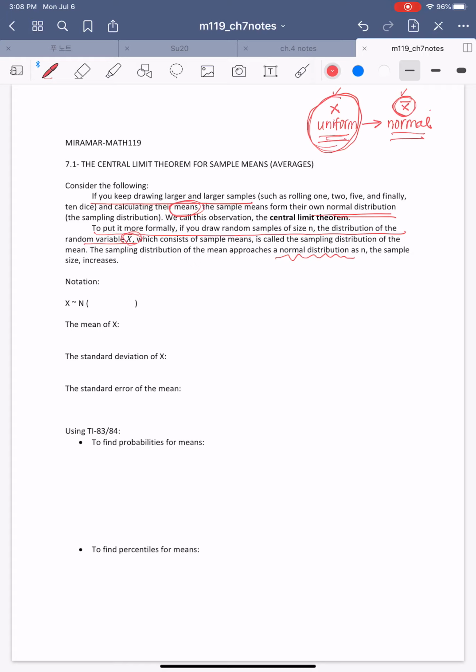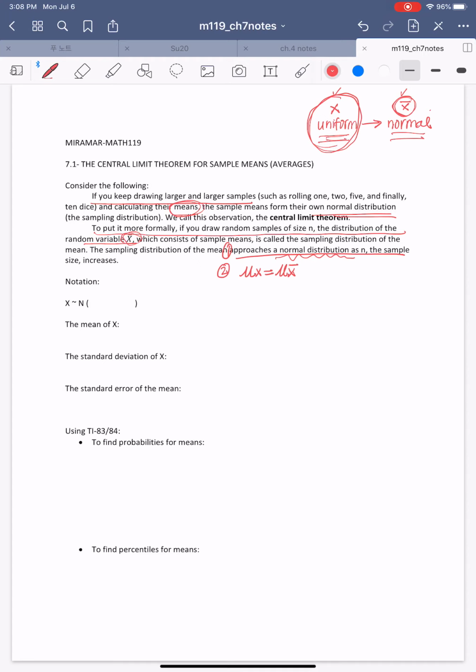At the end of the rolling a die simulation video, I made 3 comments. The first comment was approaching normal. The second comment was that the mean of our x ended up being the mean of x bar.